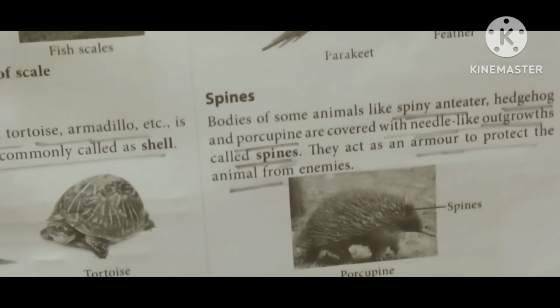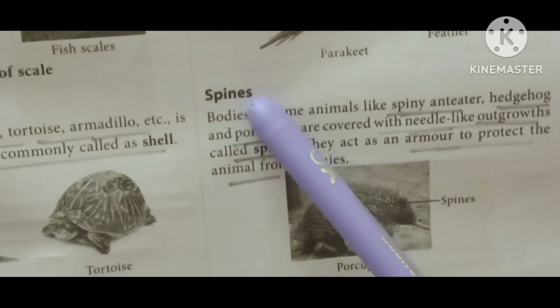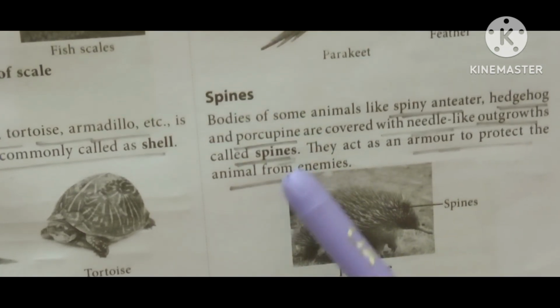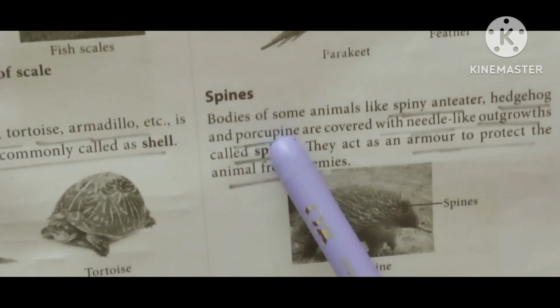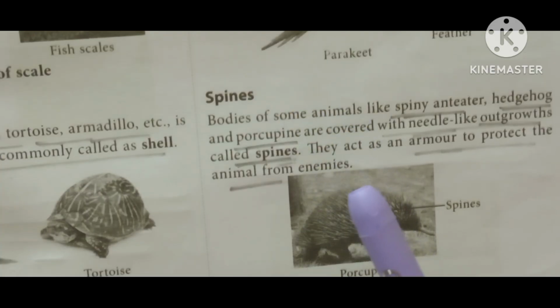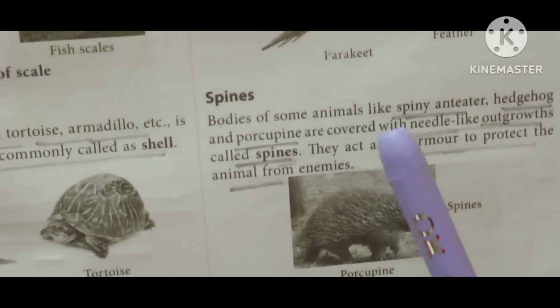And the next term you should learn is spines. Spines are also body coverings that are present in hedgehogs and porcupines. These are needle-like structures, so these are called spines. They protect themselves with the spines.